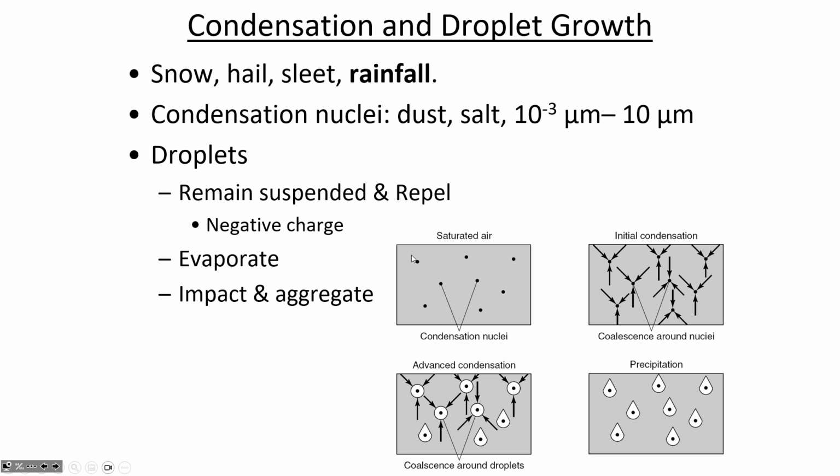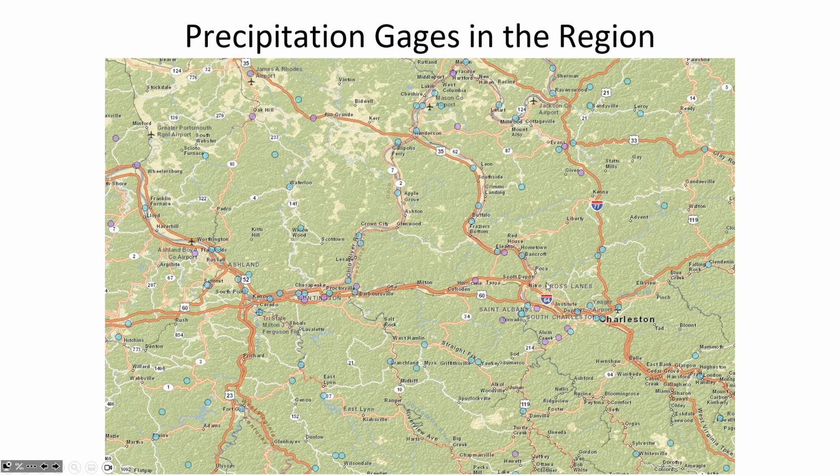They have repulsive charges where they won't really come into contact with each other as long as they have that repulsive charge. But as water coats the outside of a very small droplet, then the relative charge decreases, and it's more likely that there's going to be a collision and aggregation of the particles to become larger and increasingly big droplets that will fall downward.